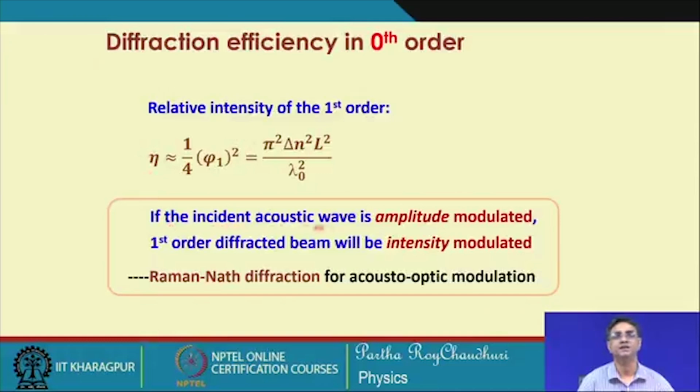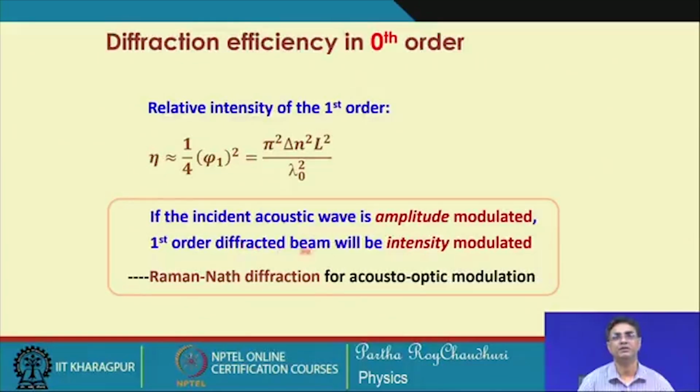So, if the incident acoustic wave, you can see that this is amplitude modulated. If you modulate the amplitude of the acoustic wave, this delta n square, this modulation will come from this acoustic wave, because if you change the value of delta n, the efficiency will also be modulated, that is for this.